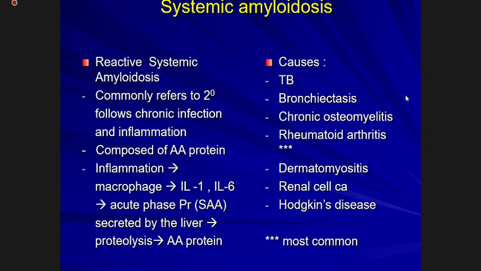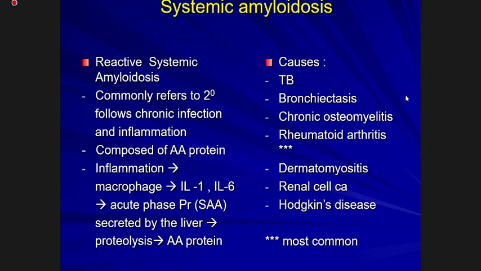When there's inflammation, your macrophages are stimulated, and the activated macrophages excrete interleukin-1 and IL-6, which stimulate the excretion of acute phase protein by your liver. This precursor protein gets proteolyzed and forms AA protein.